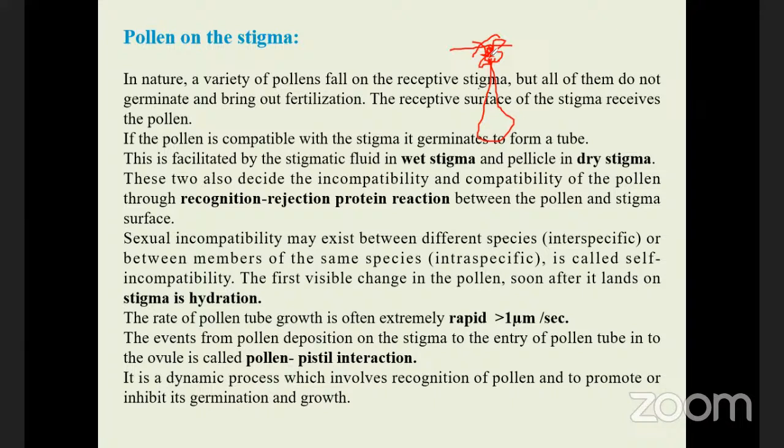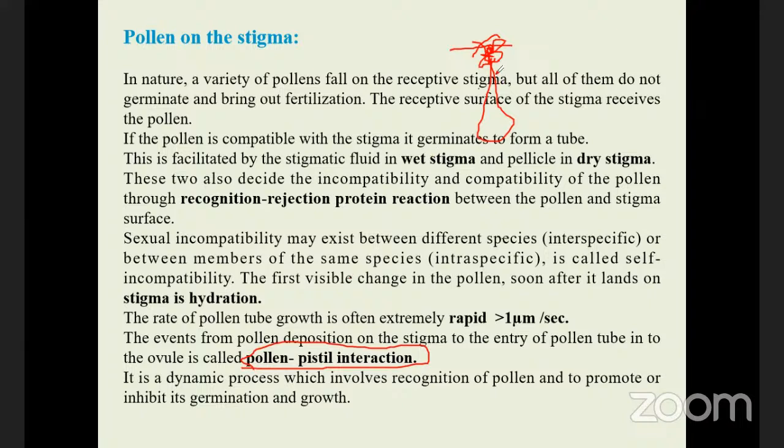In the whole process of entry, whenever the pollen is deposited, whether it is accepted or rejected, and whether pollen tube formation takes place or not, depends upon pollen and pistil interaction.